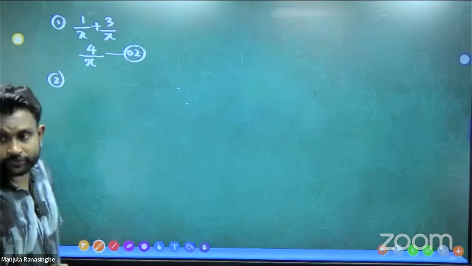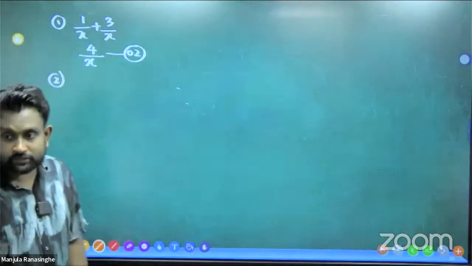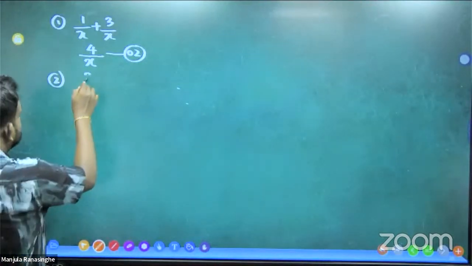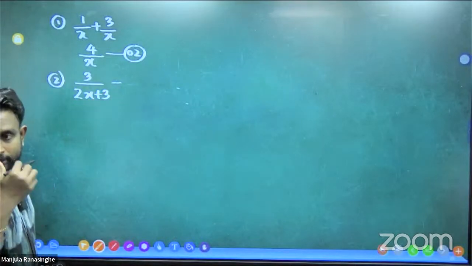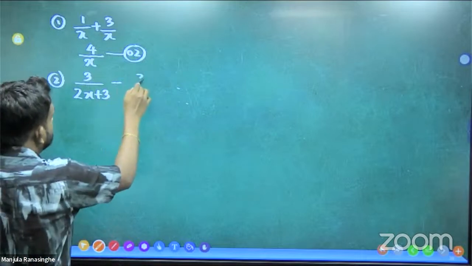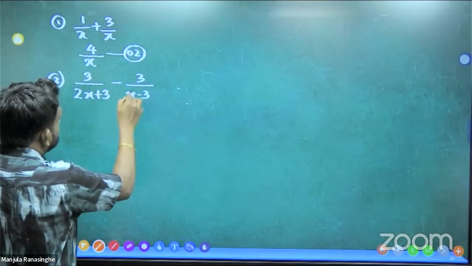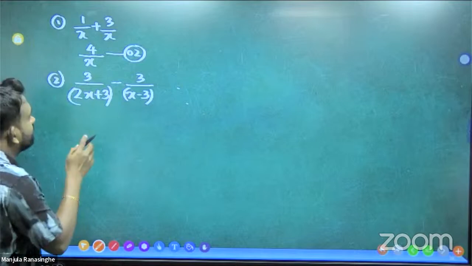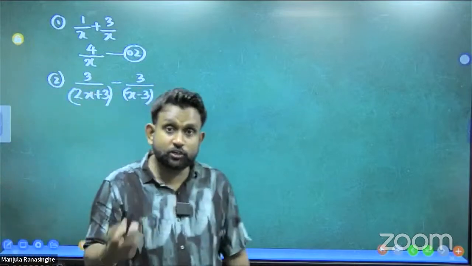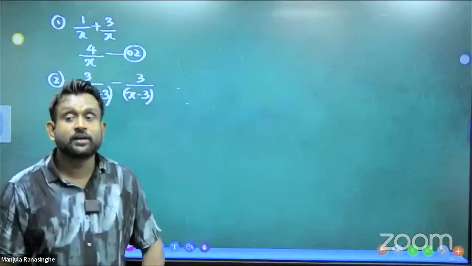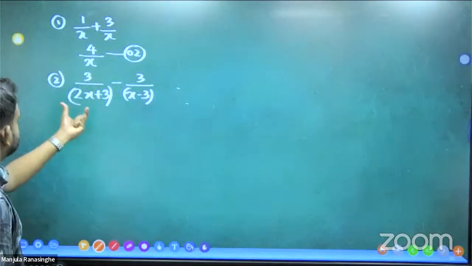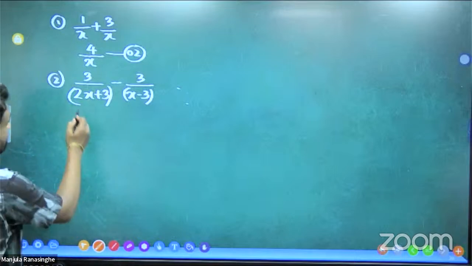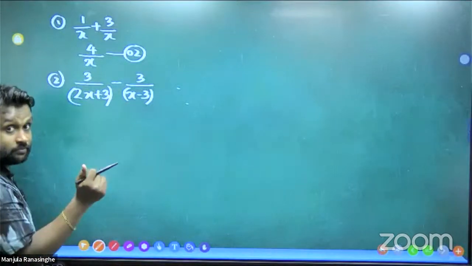Right. Number 2, simplify 3 upon 2x plus 3, then subtract 3 upon x minus 3. Now check here. This is a fraction subtraction where the denominators are not the same and are algebraic. So you convert 2x plus 3 and x minus 3 to the same denominator.